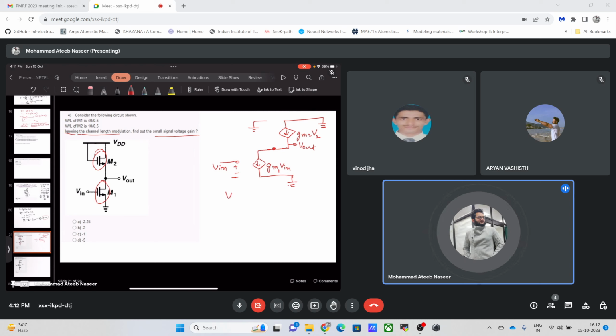So V2 is simply equal to minus V out. So from this, if I use the simple KCL, GM2 times minus V out has to be equal to GM1 times V in, or V out by V in is simply equal to minus GM1 by GM2.